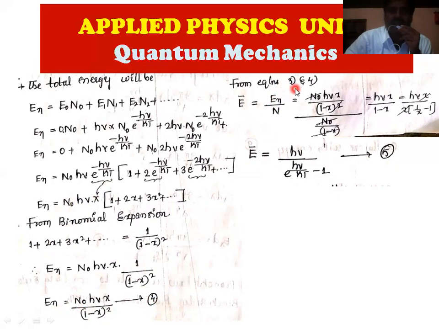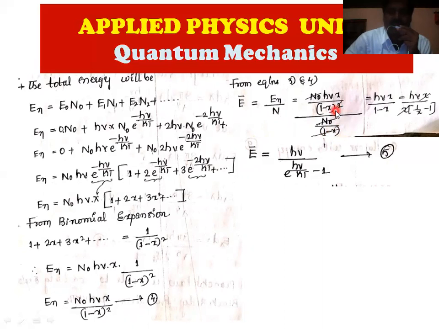Now from equation 3 and 4, we can write the average energy E bar. It is nothing but En by capital N, where En is from equation 4, N0 h nu x by (1 minus x) whole square, and N from the previous equation is N0 by (1 minus x).